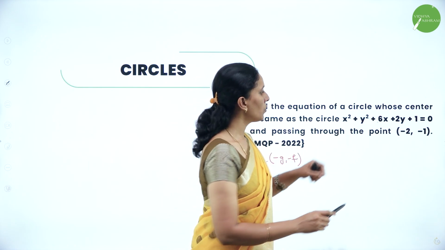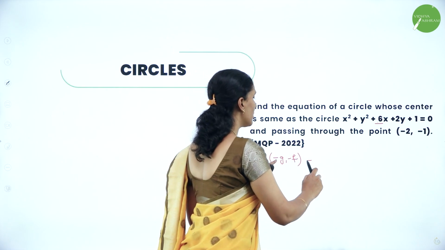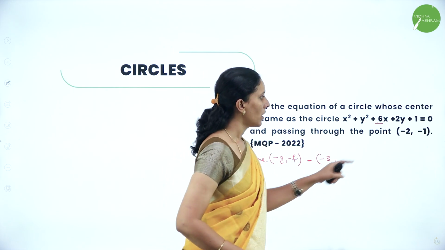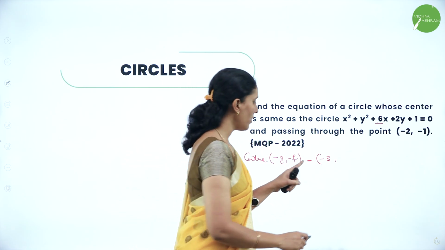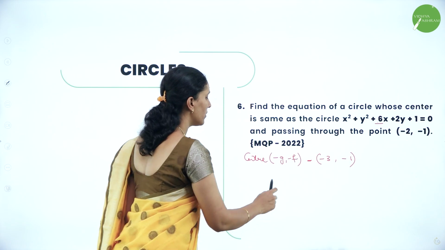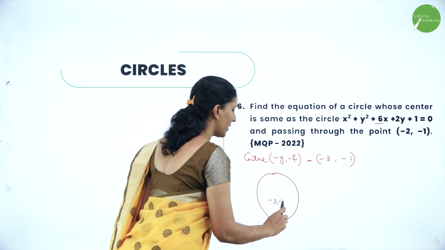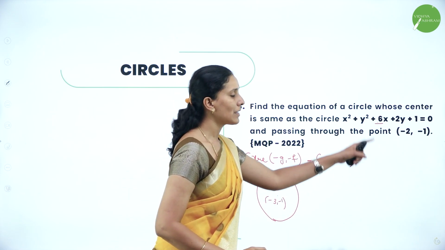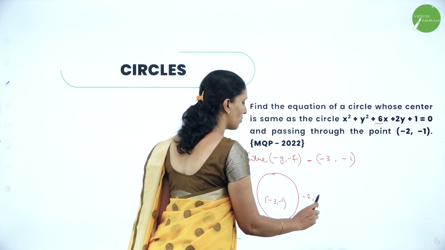Clearly here 2g is equal to 6, so g is equal to 3, so -g will be -3. 2f is equal to 2, f will be 1, so -f will be -1. Now here is the center, (-3, -1), and it is passing through (-2, -1). Somewhere here, (-2, -1).